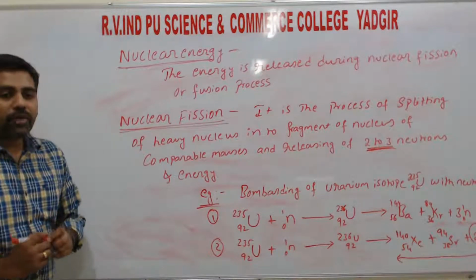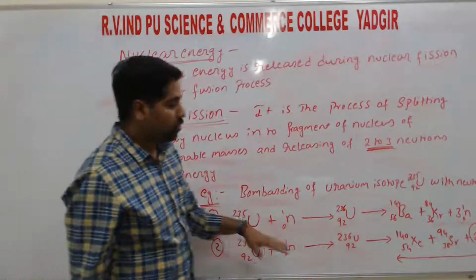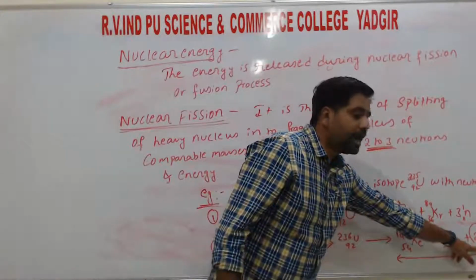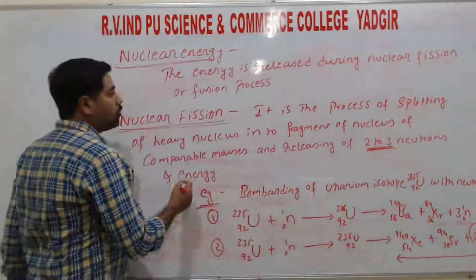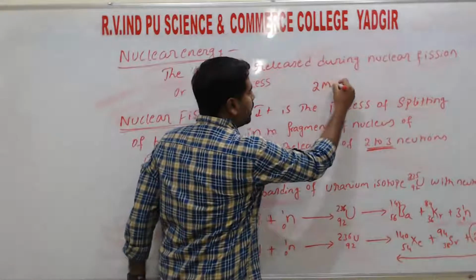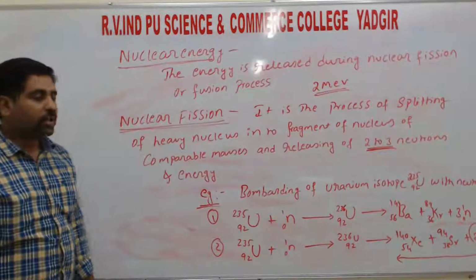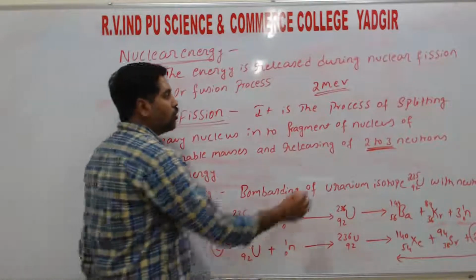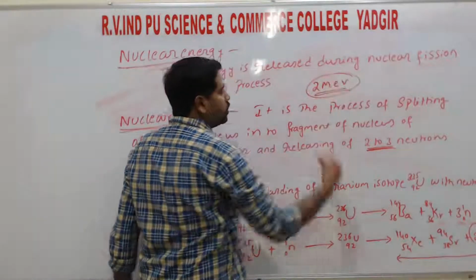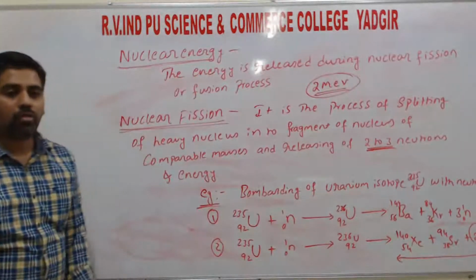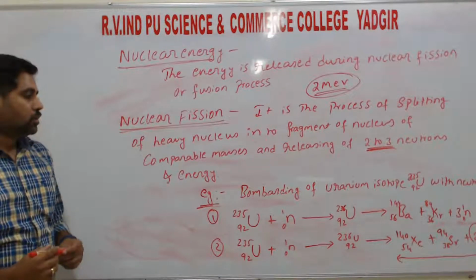The neutrons are very fast moving, so they have an energy of almost 2 mega electron volt, right?